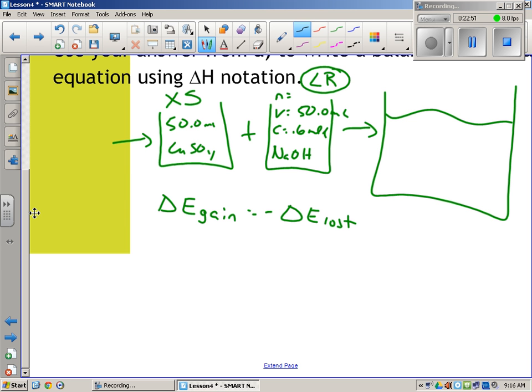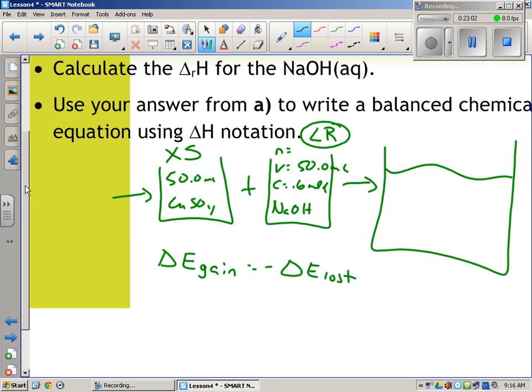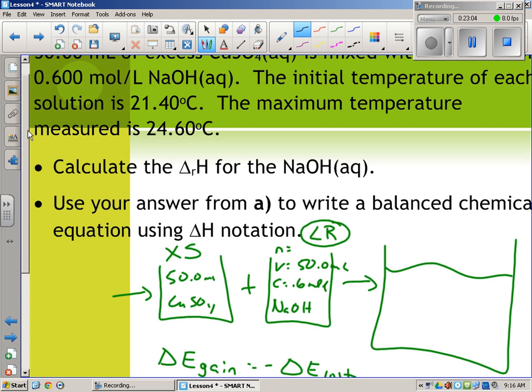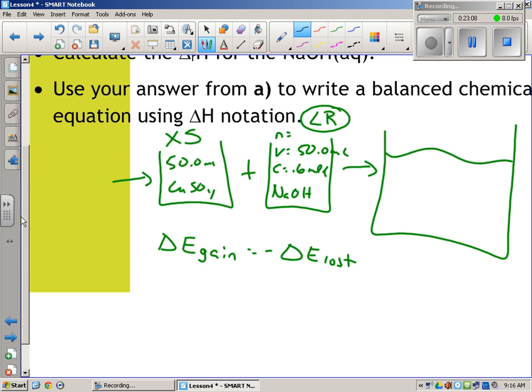Initially, or even before, they're probably sitting at room temperature, and we'd probably have to assume they're both at the same temperature, 21.4. So this solution right here is at 21.4, and this one's at 21.4 as well. They're sitting in two different beakers, and you are going to take those two beakers and mix them together.